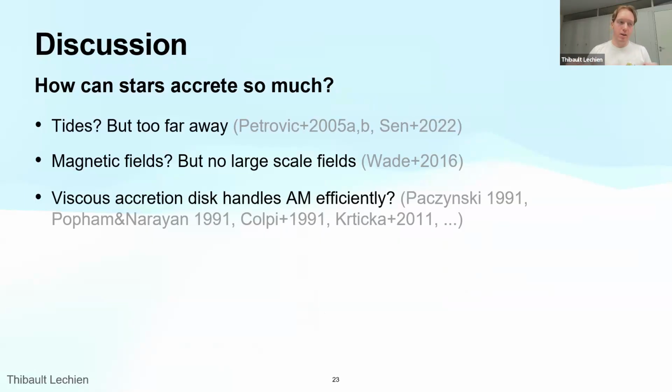And it can handle accretion such that this companion star keeps accreting rather than having to leave. I hope I can refer you to these papers if you want to know more about that. But this seems to be a promising explanation for how this mass transfer can be so efficient. Thanks, Thibault.